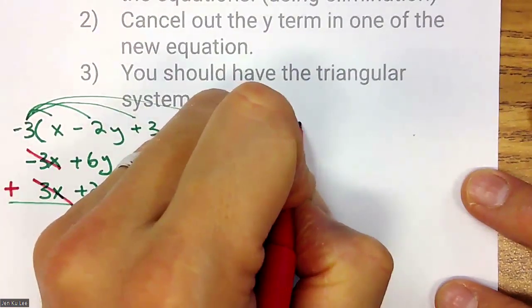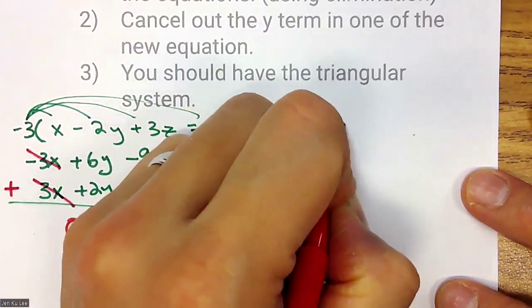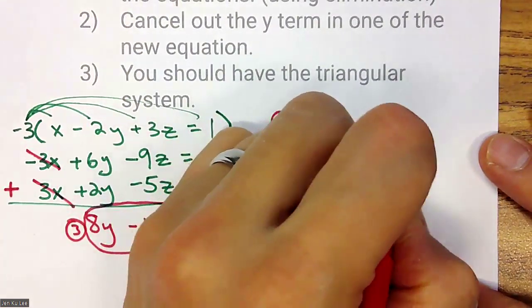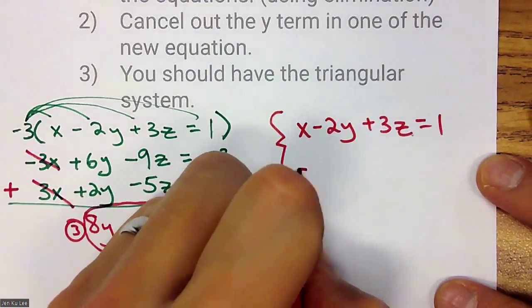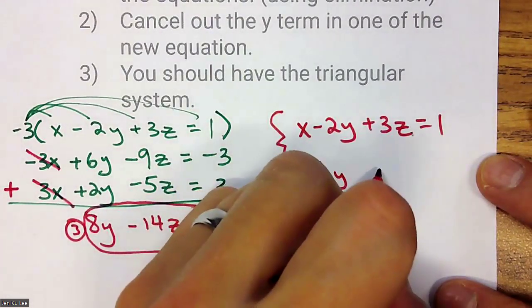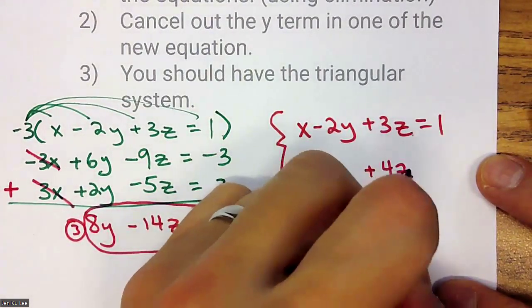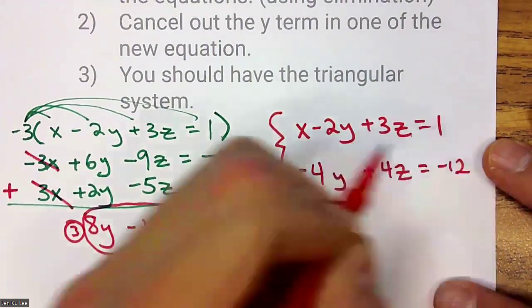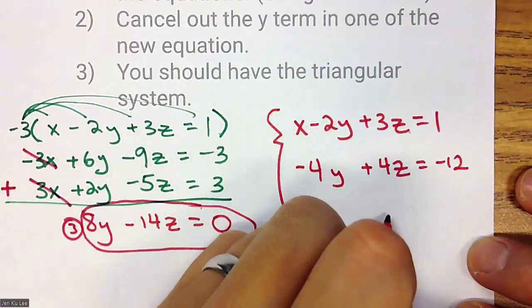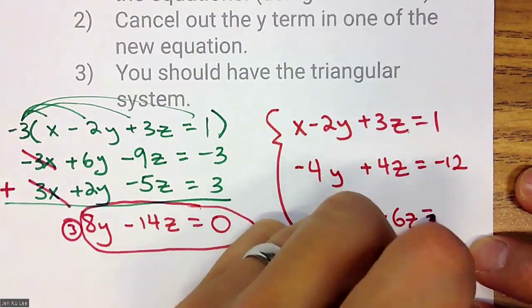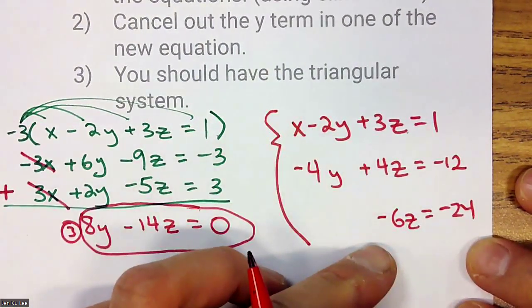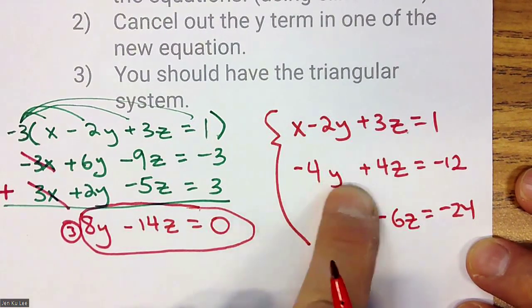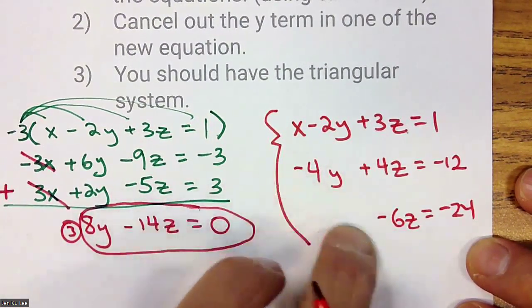Okay? So my system, if you wanted to, my first equation would be x minus 2y plus 3z equals 1. My second equation would be negative 4y plus 4z equals negative 12. And my last equation would be negative 6z equals negative 24. That would be my system, right? I wrote it kind of funky here, but you guys see that there's a triangle here, right?